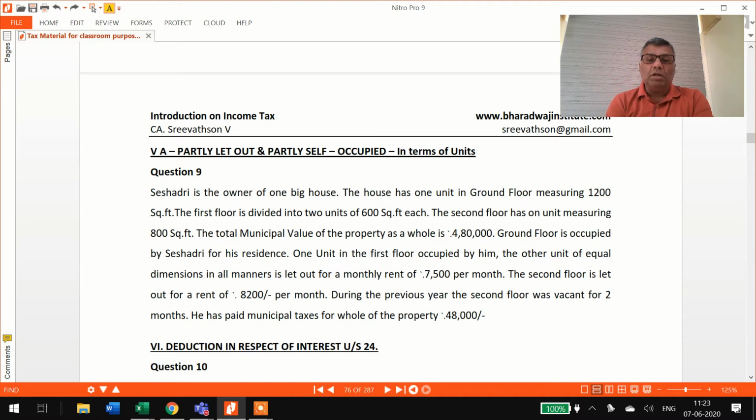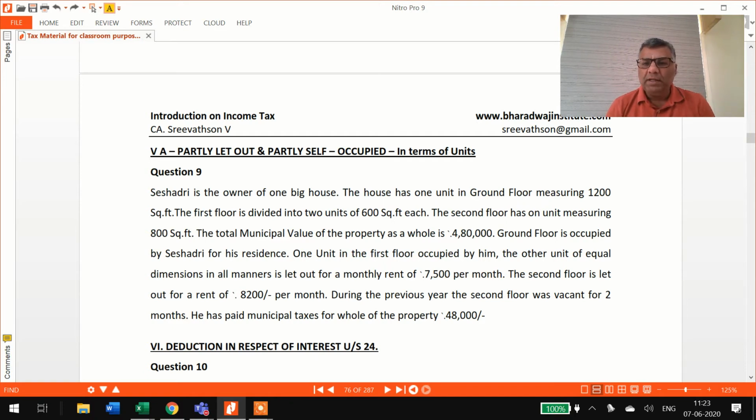The total municipal value is 4,80,000. So how much in total? 1200 plus 600 into 2, again 1200, so 2400 plus 800, 3200 square feet is the total area of the house.